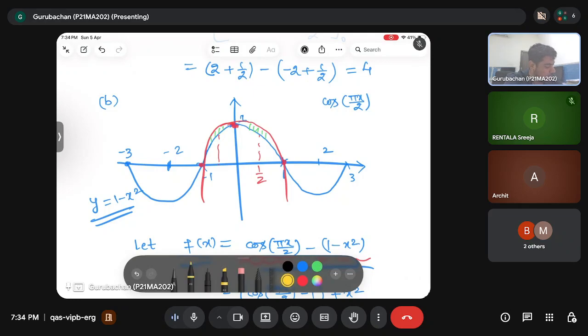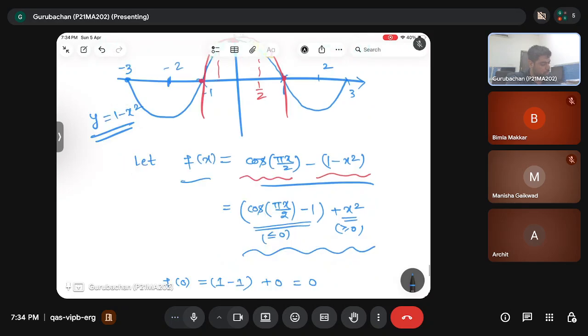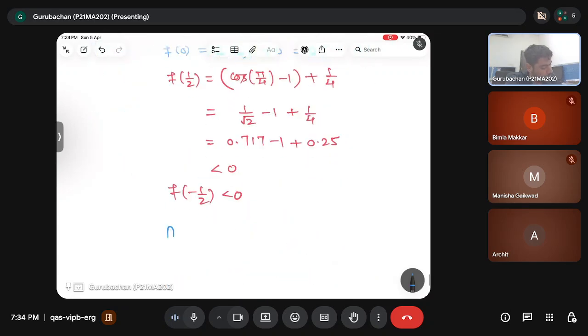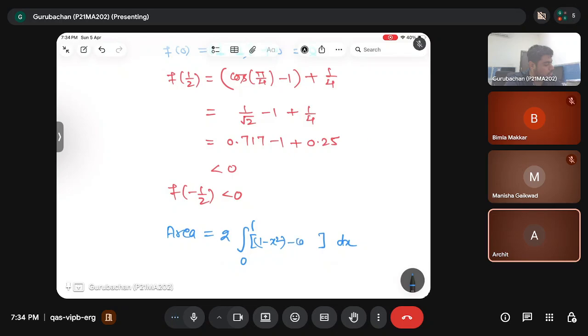It is symmetric. You can take any of the portion, vertical one or horizontal one, your wish. So the area will be 2 times integral of 0 to 1 dx. What will be the upper curve? 1 minus x square. And lower curve? Cos pi x by 2.